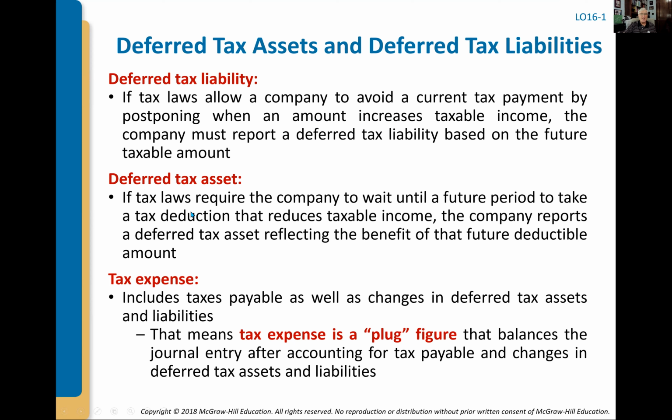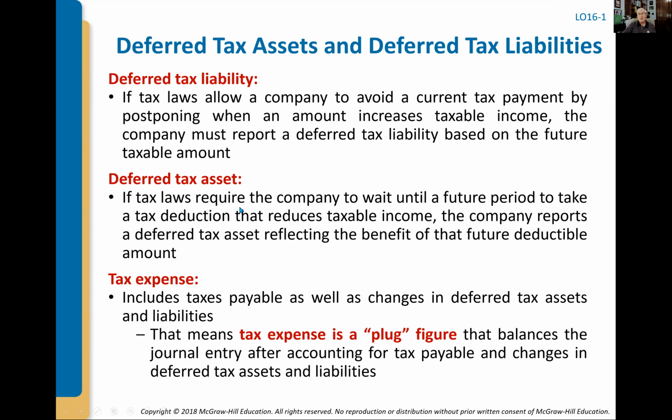A deferred tax asset is when we have an expense on the books, but we don't get a deduction that reduces taxable income until the future, like a prepaid. And then there's the actual income tax expense on the tax return. We don't use the word plug very often in accounting, because a plug would not normally be verifiable. What is verifiable here is the deferred tax asset and liability.